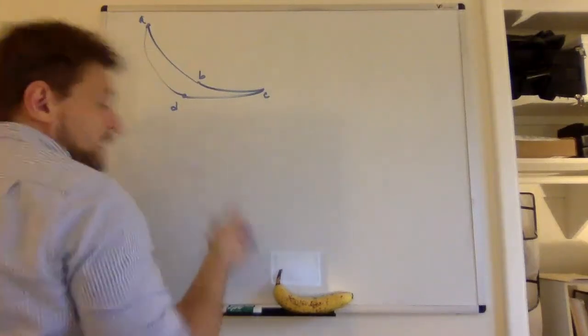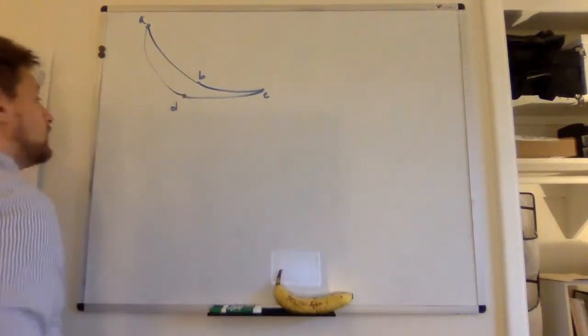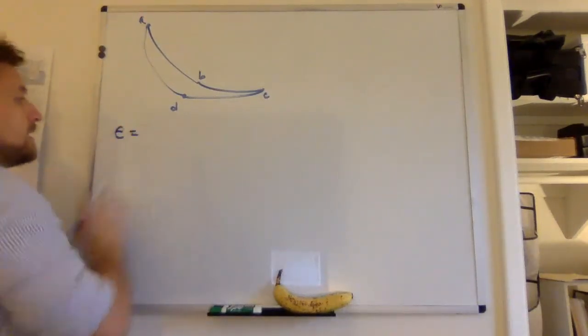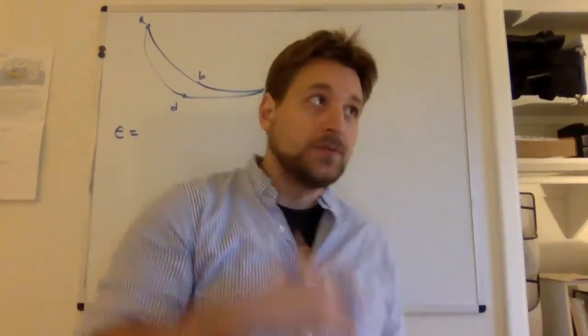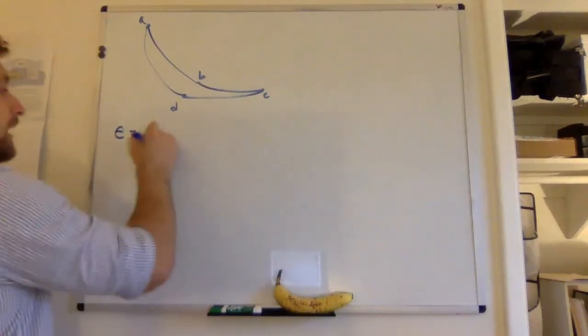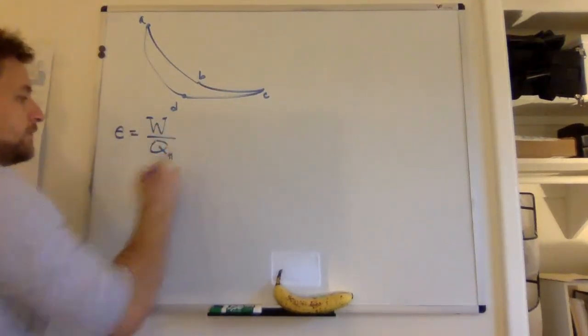How good is this? That's the question, right? This Carnot engine. How good is this Carnot engine? Let's define efficiency E as the ratio, right? The return on our investment. If we invested QH, how much are we getting back? How much W are we getting for our investment?